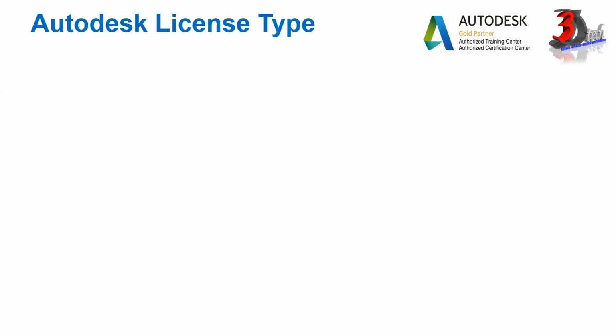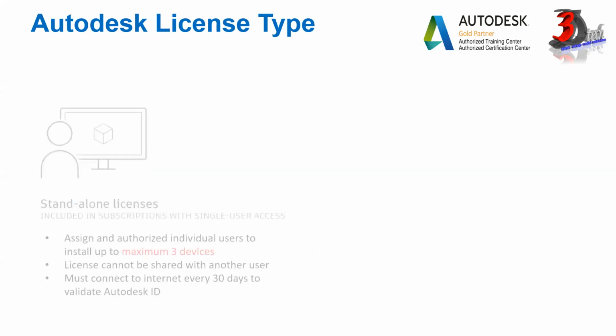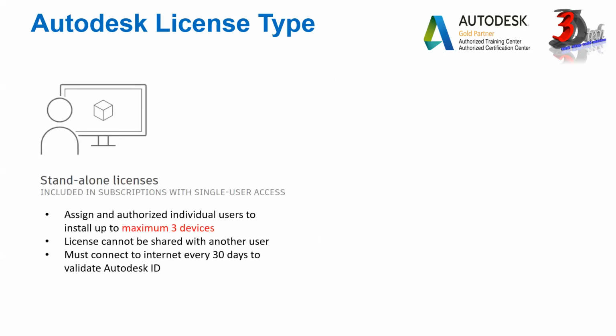To look further at the license types for subscription: for standalone license with single user access, you can assign and authorize individual users to install on up to a maximum of 3 devices. So for the contract manager, for 4 users that have been assigned, you need to know that I have a maximum of 3 devices.